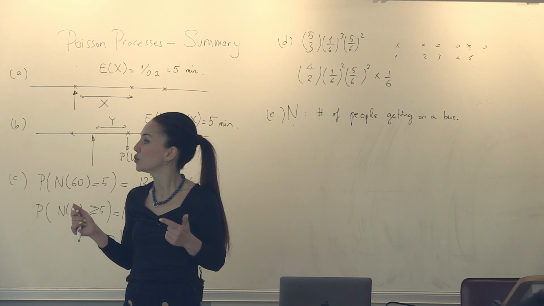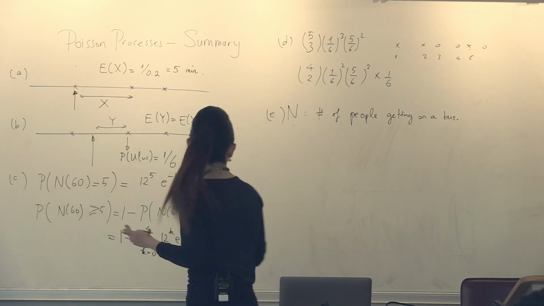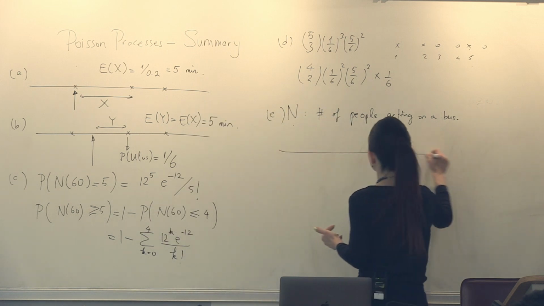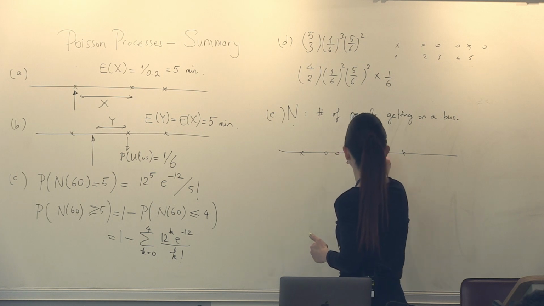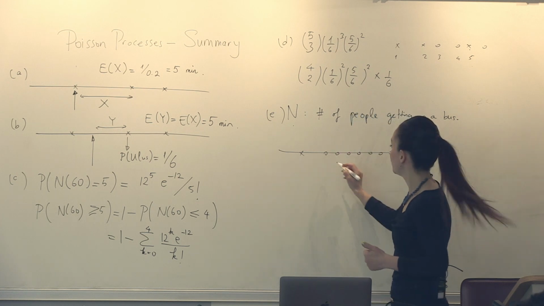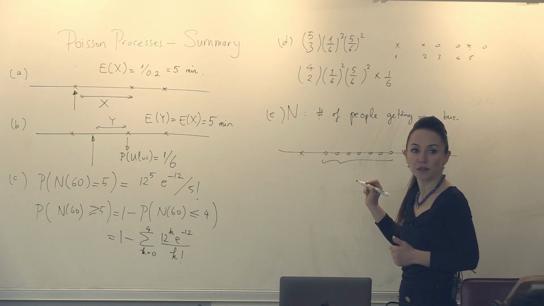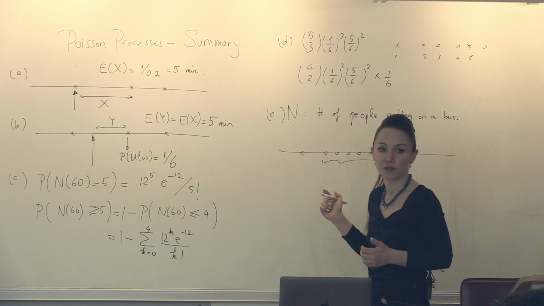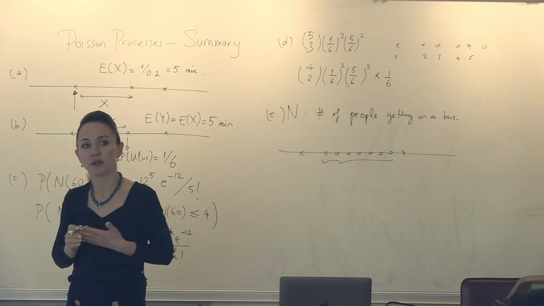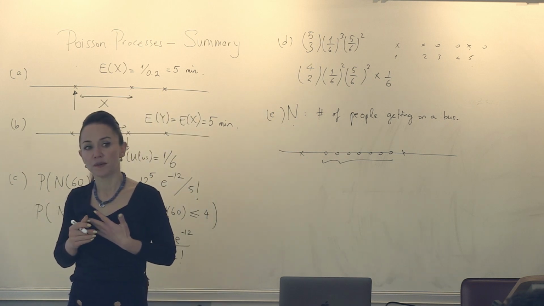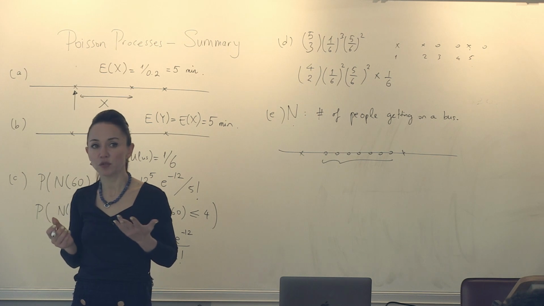Right. So then, the number of people getting on a bus. What's going on? These are buses and these are people. The number of people getting on a bus is going to be the number of people arriving between 2 buses. The expectation is sort of easy, maybe. The expectation should be 9.